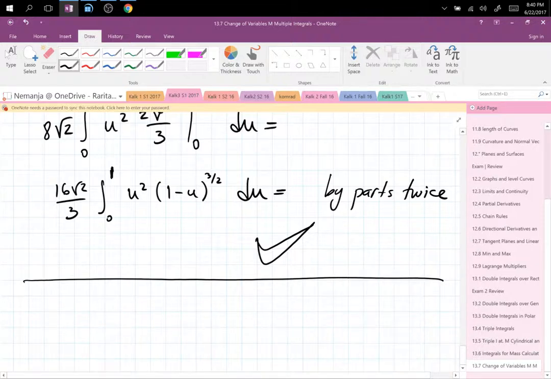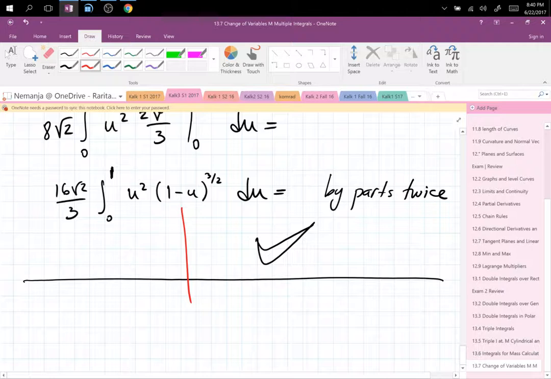Wait, why can't you foil in the u squared? You can't foil because it's a u squared. Or, 3/2, right? Wait, what do you mean? Oh, no, wait, yeah, no. But can you just throw the u squared in there? Again, I don't follow.